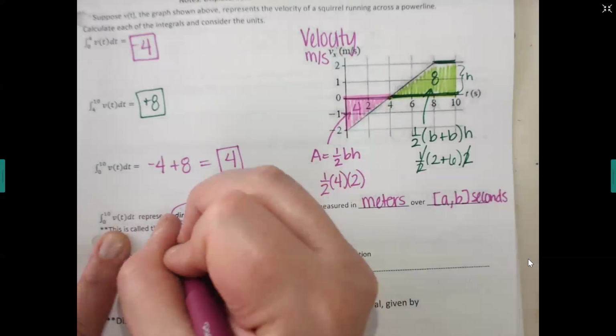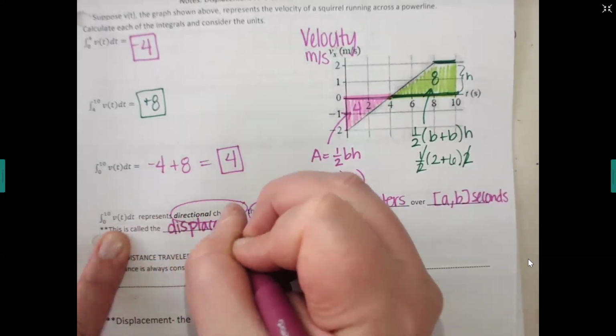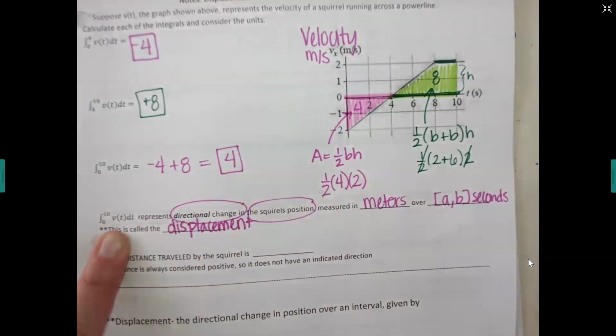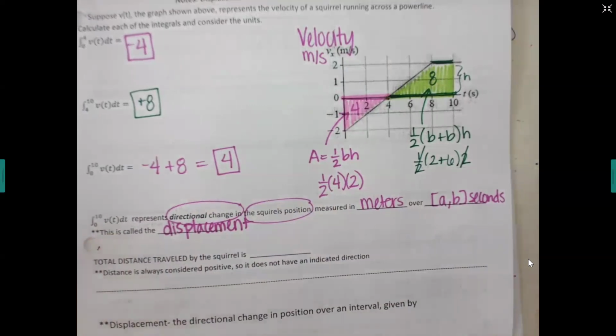Displacement. If you want to think about what displacement is, that is your net change in position from start to finish. So for example, let's pretend that our squirrel is at 1 and it runs over to position 5. What would its displacement be?